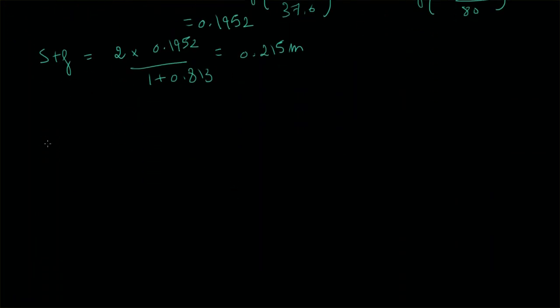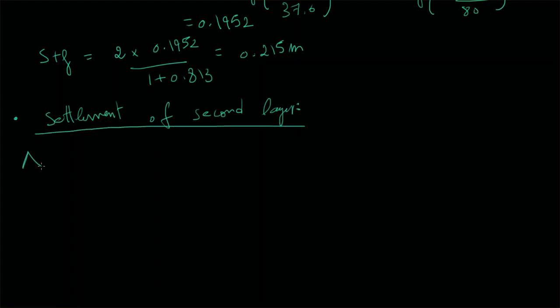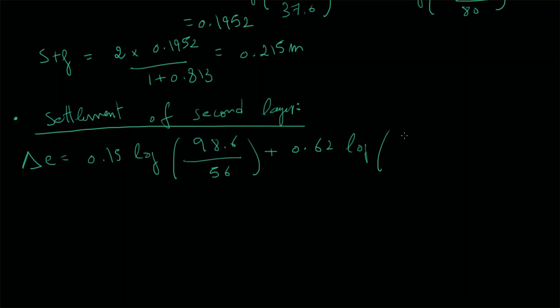Okay. Settlement of the second layer. We need delta e as well, so it's going to be CR 0.15 log sigma dash BC, which is 98.6, over sigma dash naught 56, plus CC log sigma dash final, which is 156, over 98.6, and that is equal to 0.16.